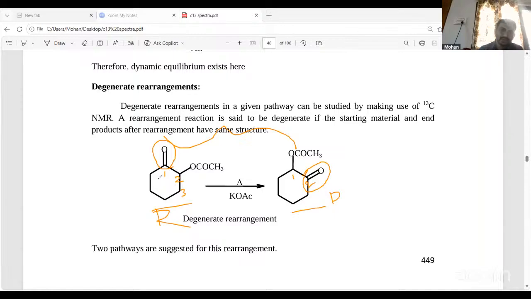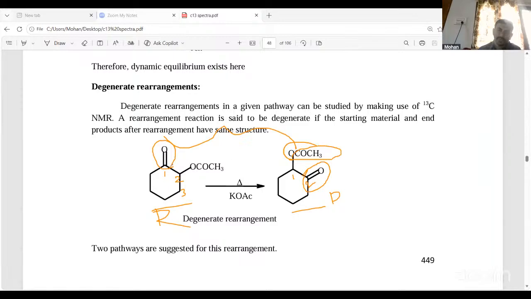Earlier, in the reactant, the carbonyl is on the C1 carbon, right? The C1 carbon exists as a carbonyl. After the thermal reaction, some chemical changes take place, and the ester is attached here.